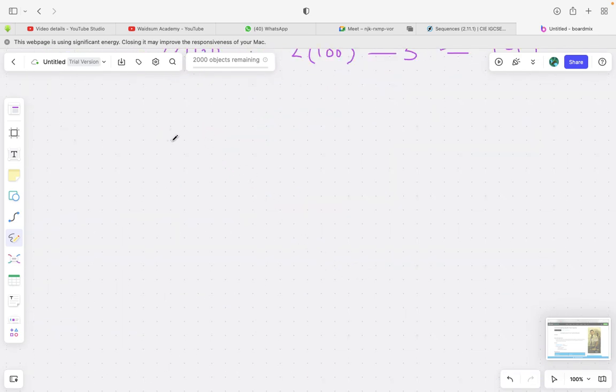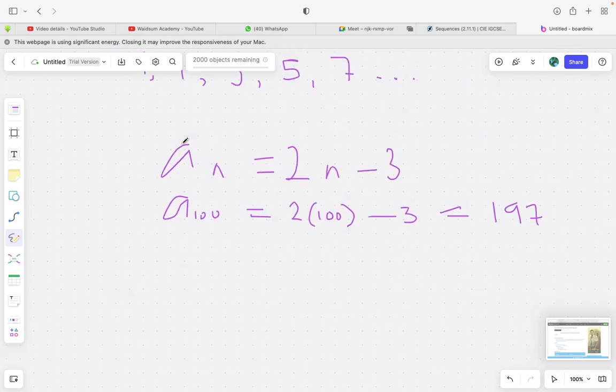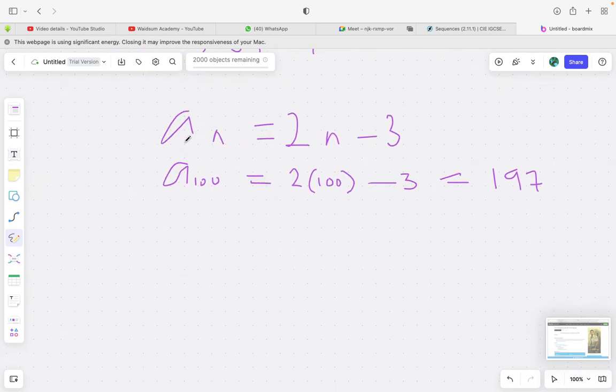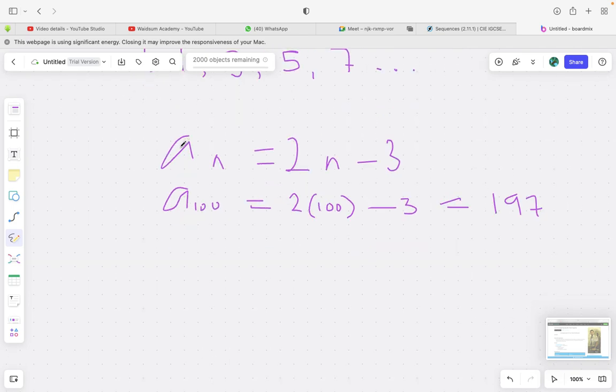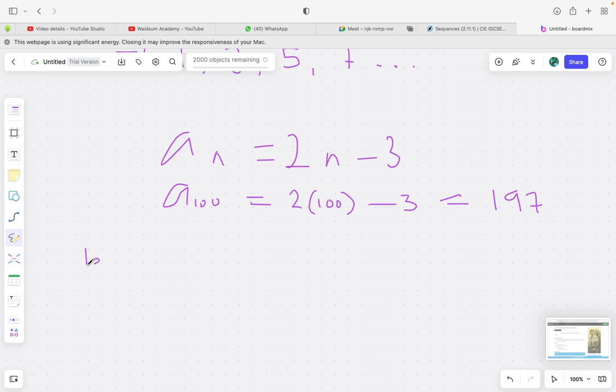But before we do the formula, remember our sequence. Our sequence is negative 1, 1, 3, 5, and 7, right? So we have the B part of the question. We need to write the term to term rule, the formula for the term to term rule.